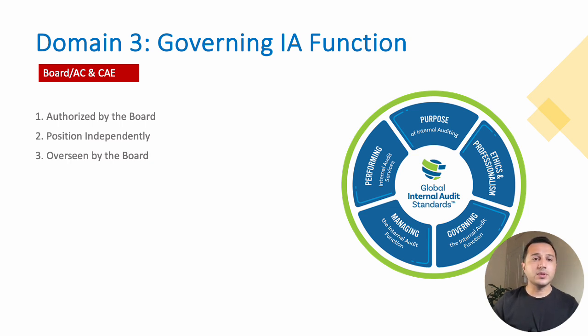The three principles which cover the key scope area of this domain are the authorization by the board, positioning of the internal audit department, and overseeing of the internal audit activities by the board. So these are the three areas, which have substandards within each principle, that basically cover the key scope of the internal audit function.